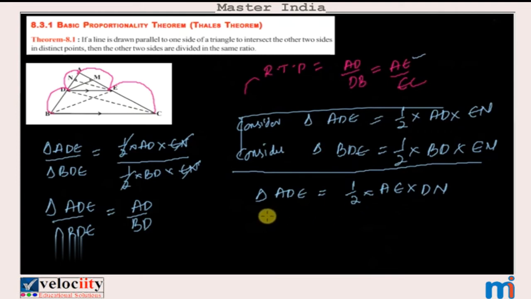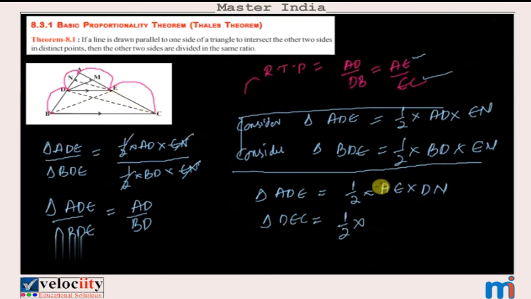Next, I will consider triangle... What is the side that we have here? EC. EC is forming this triangle here, DEC. So the side EC is part of this triangle DEC. So I'll consider triangle DEC. Again, the area should be half base into height.